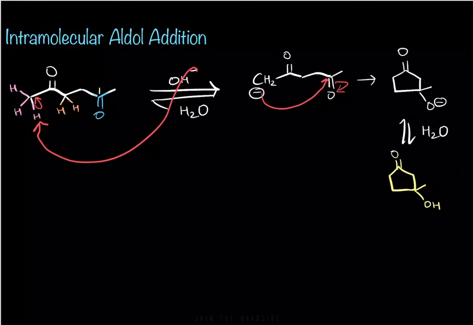Okay, now let's see what's going to happen if the other enolate is formed, thereby doing the nucleophilic attack. In the presence of OH minus, which is the base, one of these hydrogens can be abstracted, thereby forming a different enolate.